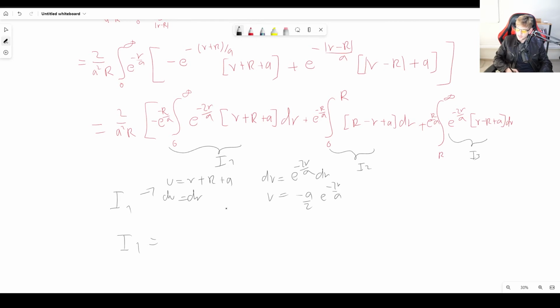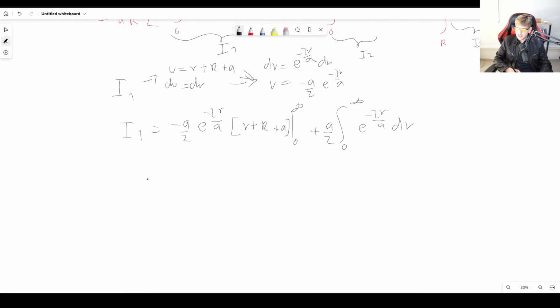So this will be this product, minus a over 2 e to the minus 2r over a times r plus big R plus a between 0 and infinity. And then we get the product of these two with a minus. So plus, since it cancels out, the integral from 0 to infinity of e to the minus 2r over a dr.